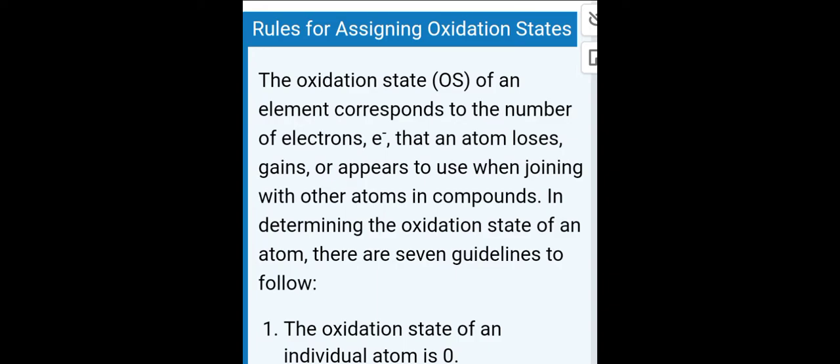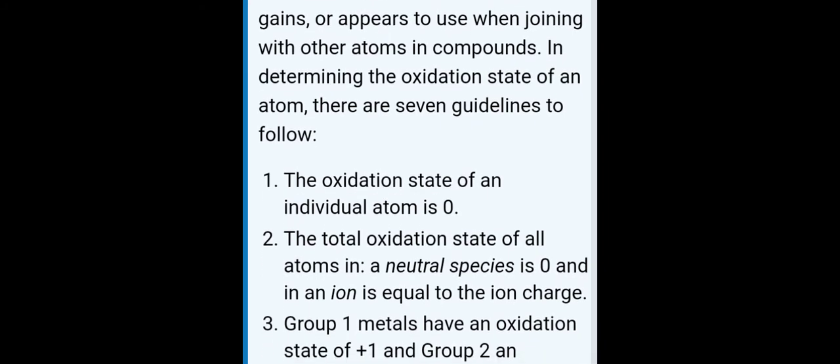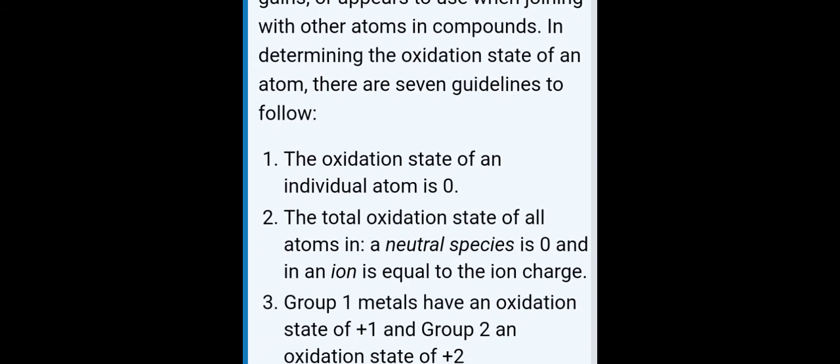The oxidation state, OS, of an element corresponds to the number of electrons that an atom loses, gains or appears to use when joining with other atoms in the compound. In determining the oxidation state of an atom, there are 7 guidelines to follow.